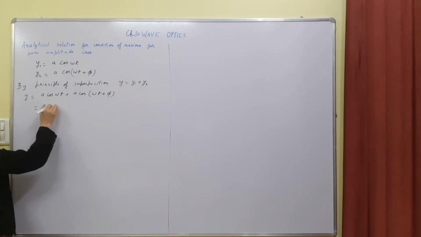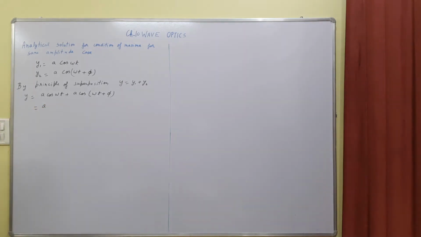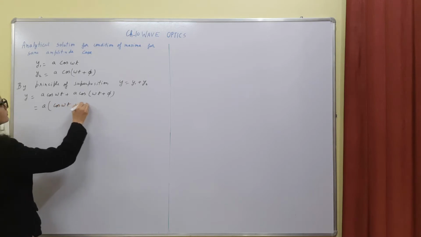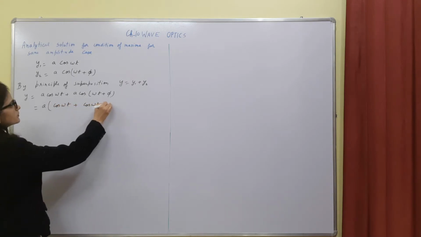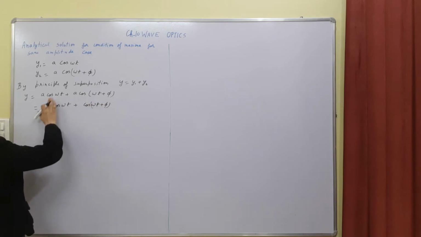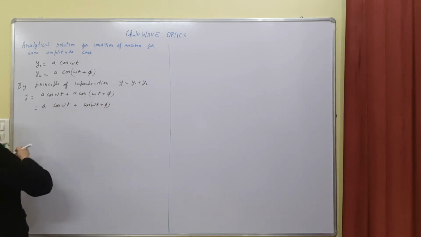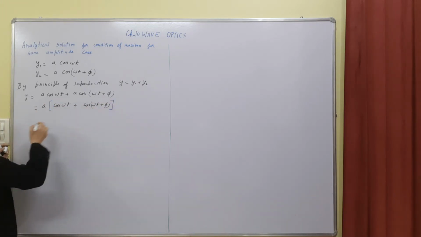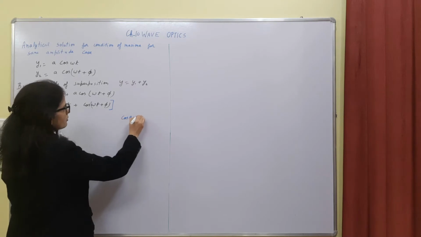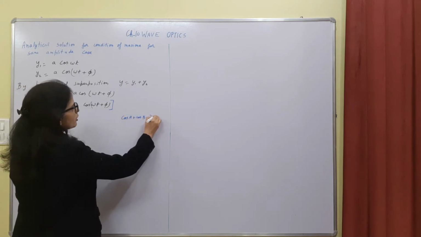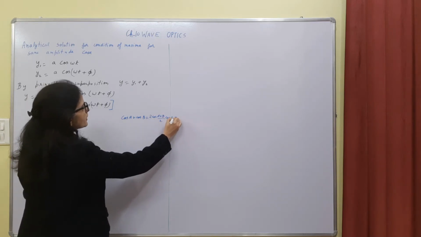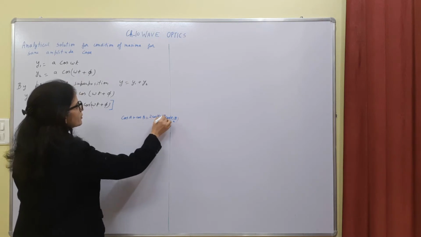So from here we can apply the formula of cos A plus cos B. So the formula is cos A plus cos B is equal to 2 cos (A plus B) by 2 cos (A minus B) by 2. Right. This is what we are going to use.